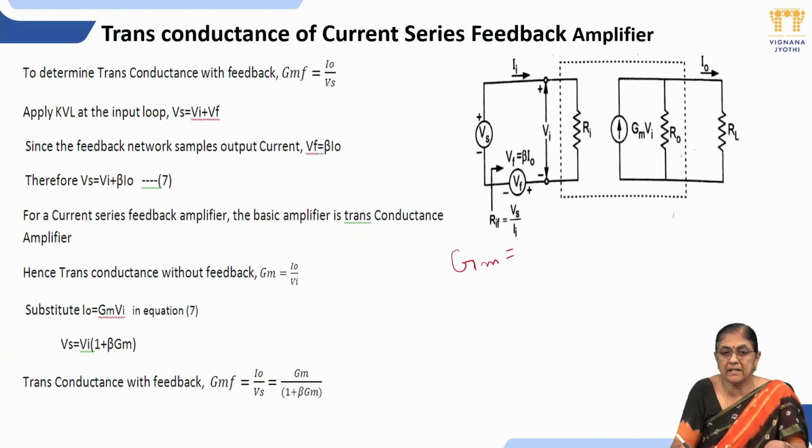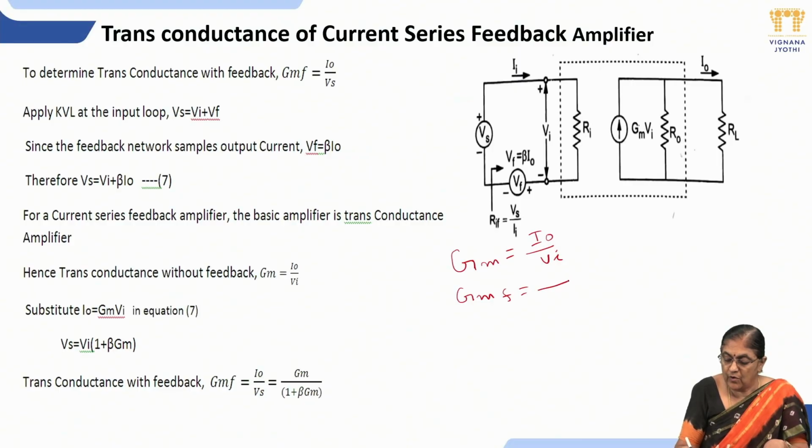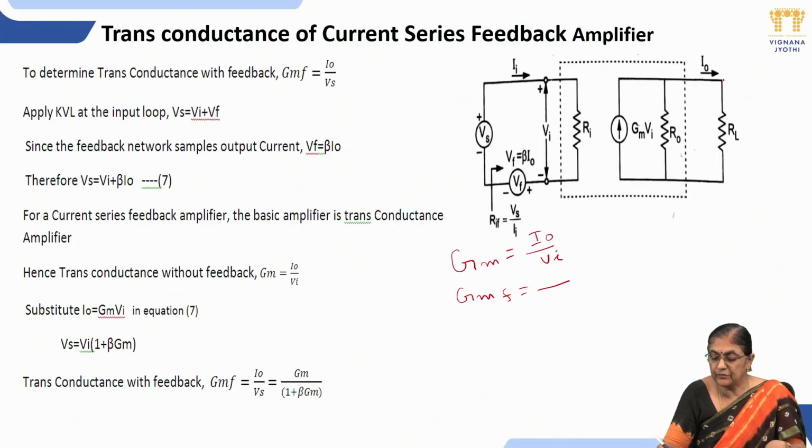Transconductance without feedback, GM is equal to I naught by Vi. Now we have to find the derivation for transconductance with feedback, that is GMF. GMF is equal to, what is the output current of the feedback amplifier? I naught.